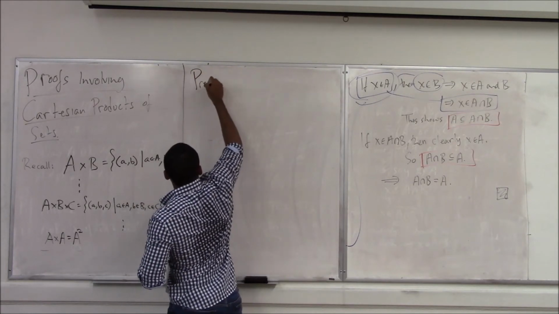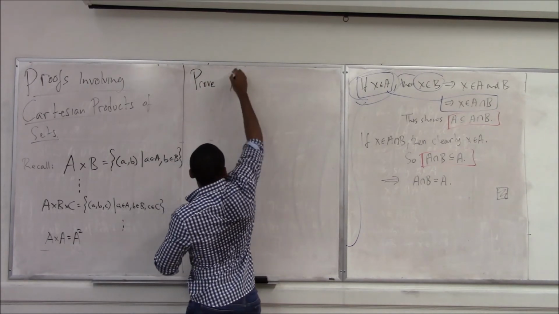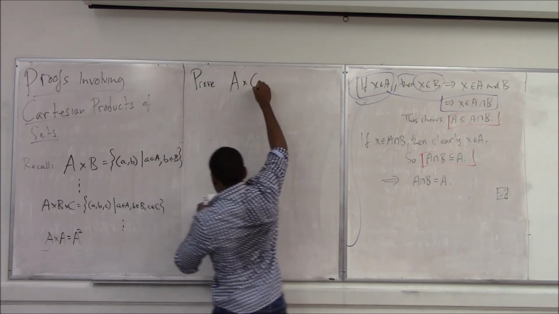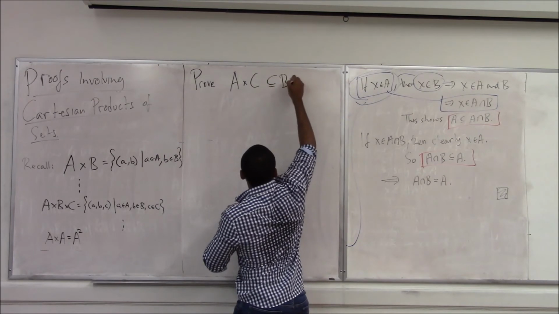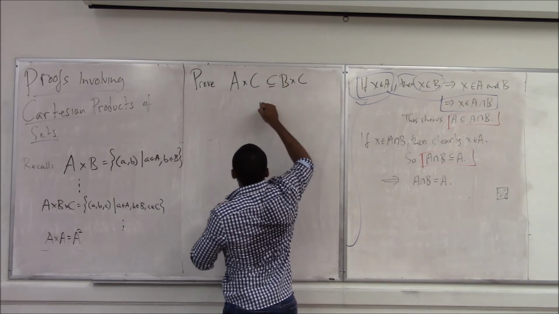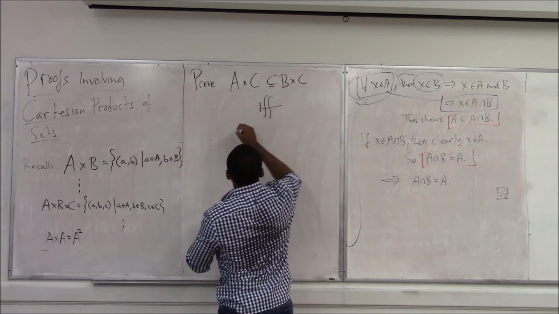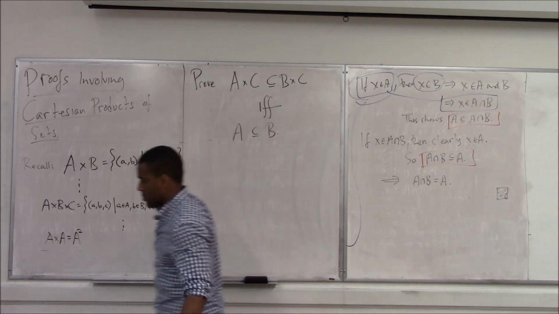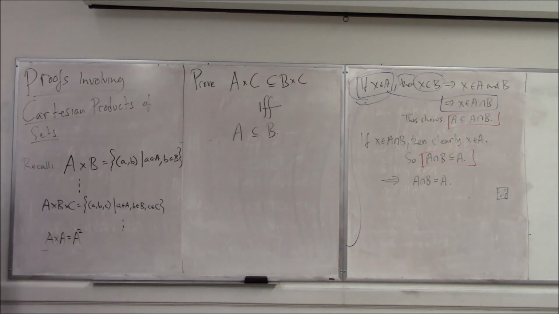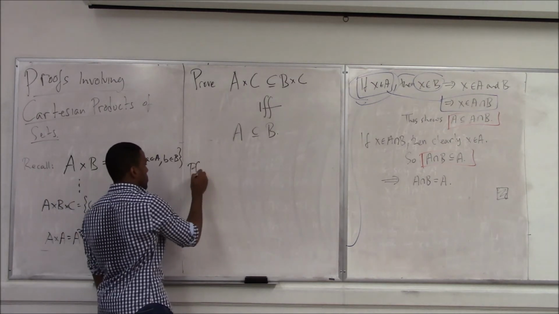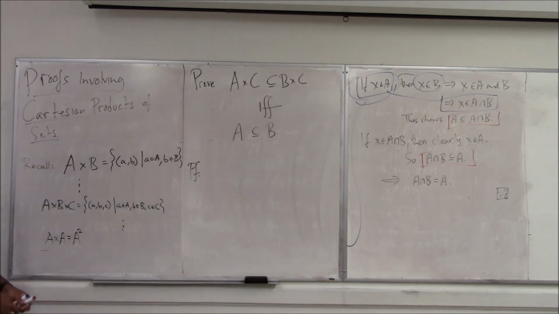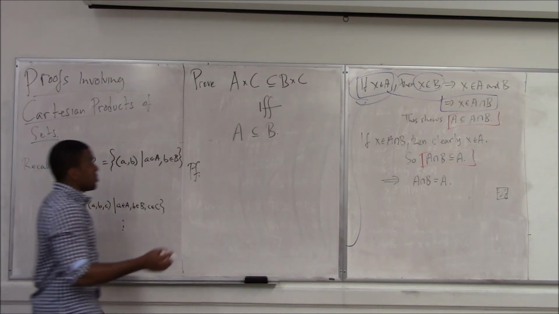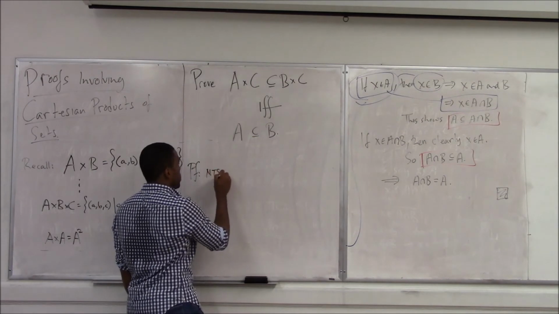Proof. A cross C is a subset of B cross C if and only if A is a subset of B. We need to show two things.